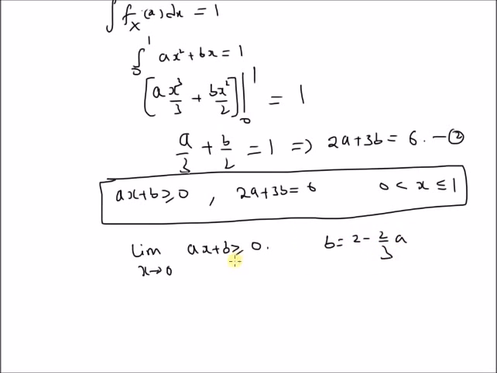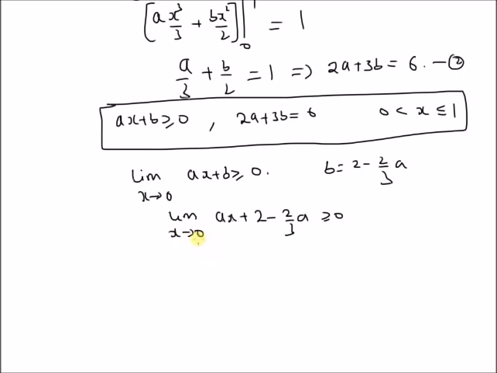So by using this value, we can evaluate the limit as x tends to 0 of ax plus 2 minus 2 by 3 a, which should be greater than or equal to 0. And now by using the limit, this basically becomes 2 minus 2 by 3 a is greater than or equal to 0, which implies that a should be less than or equal to 3.